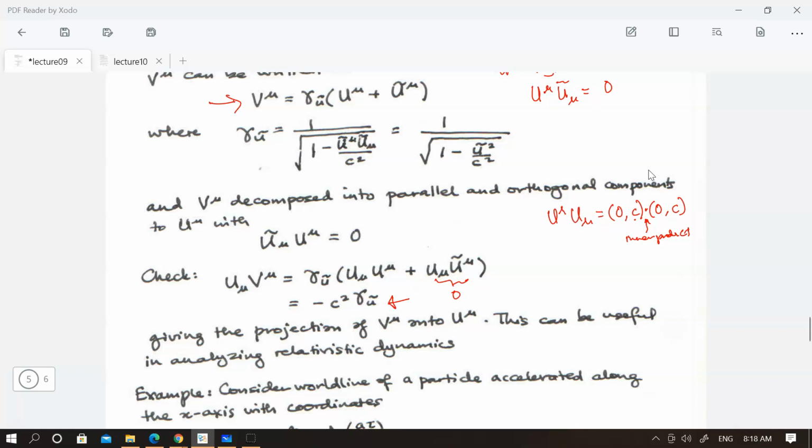So what is left in this contraction, your inner product between u and v, will be just the component parallel to u, which is essentially a generalization of what you know for u dot v in the three-dimensional sense, because this will give you a projection. For example, I can think of v being projected to the direction of u.